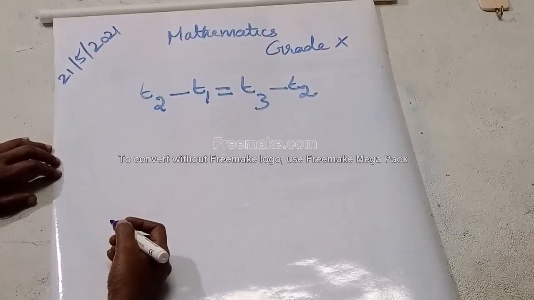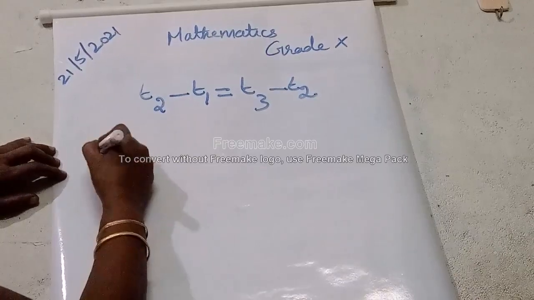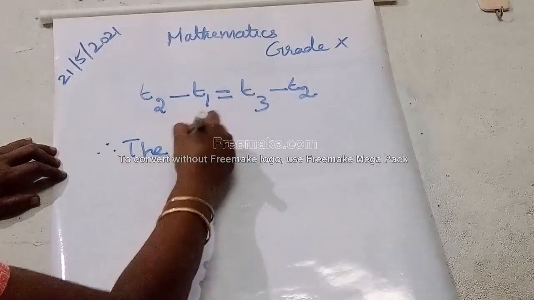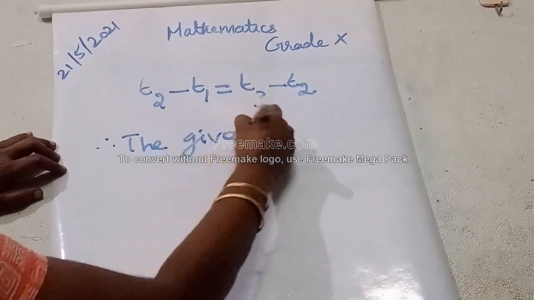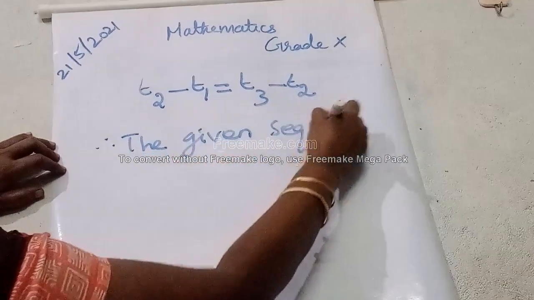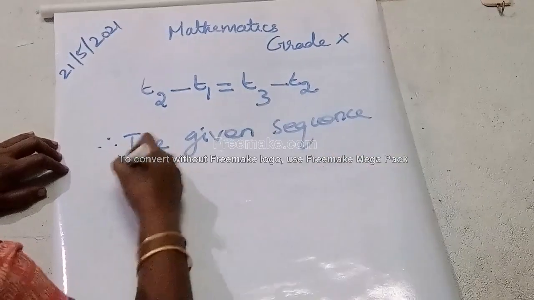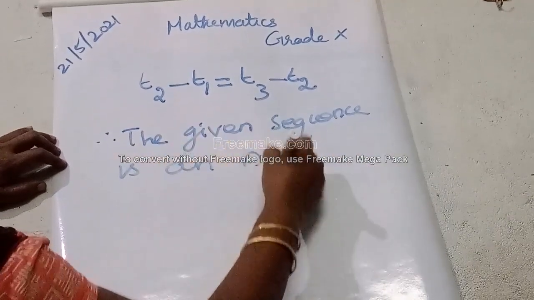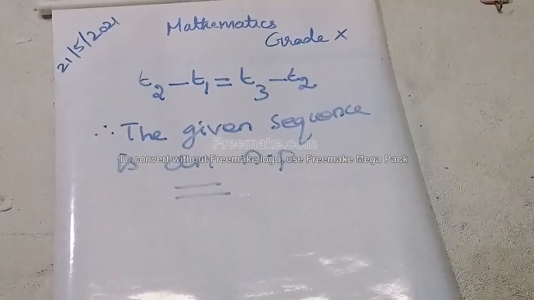Both times we are getting minus 2. Both have the same value, so we can say the given sequence is an AP. Therefore, the given sequence is an AP. Okay. Understood, students?